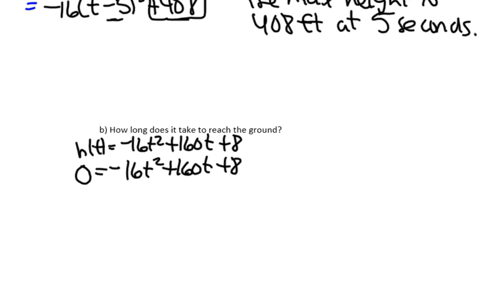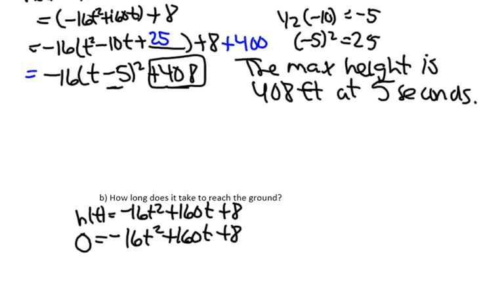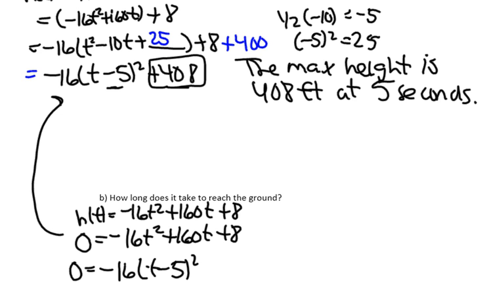Well, thanks to part A, I'm just going to complete the square again. So you know, thanks to this particular step here, I know that we end up having 0 is equal to negative 16 times t minus 5 squared plus 408.